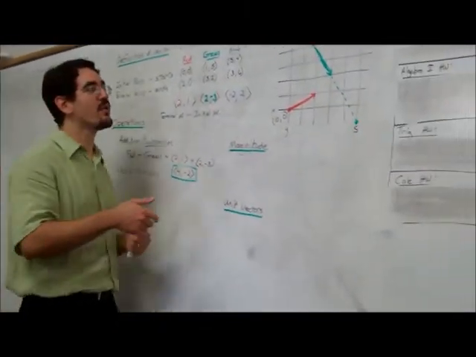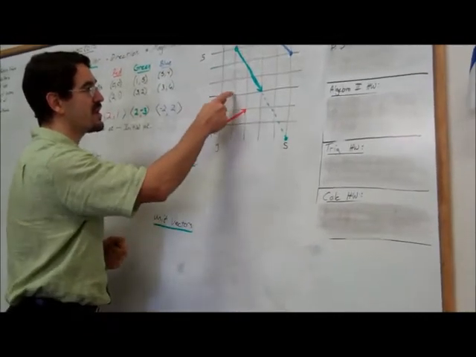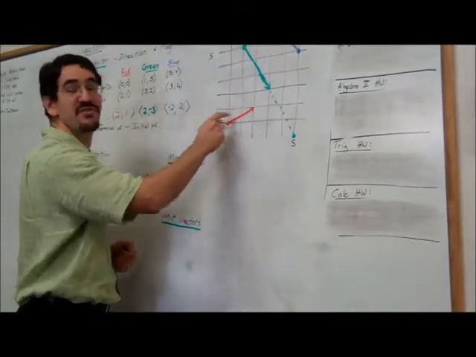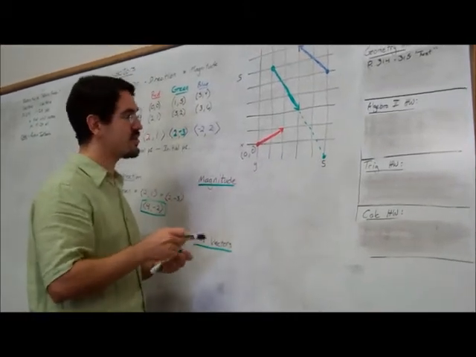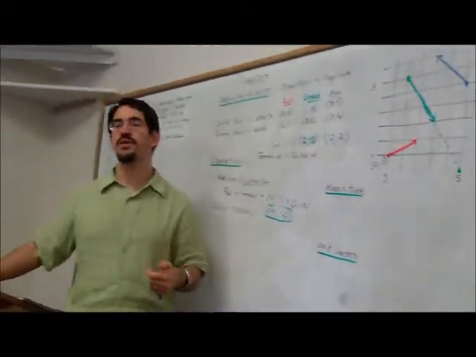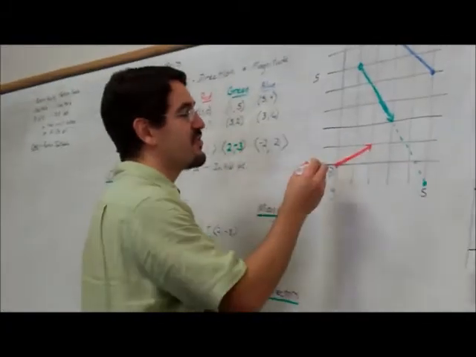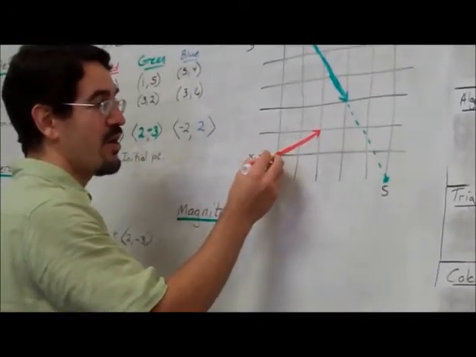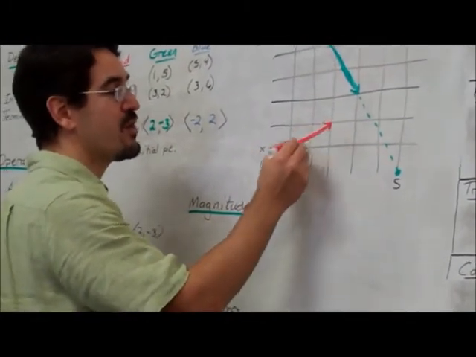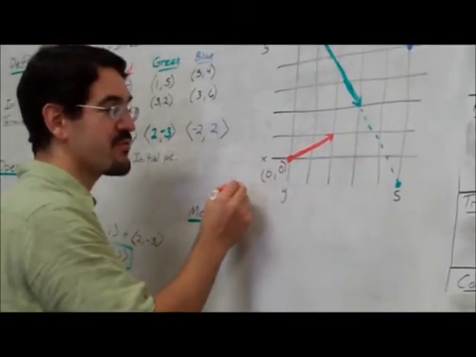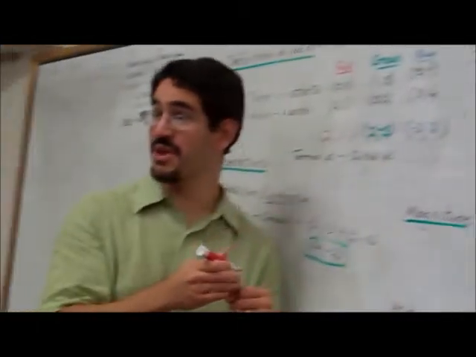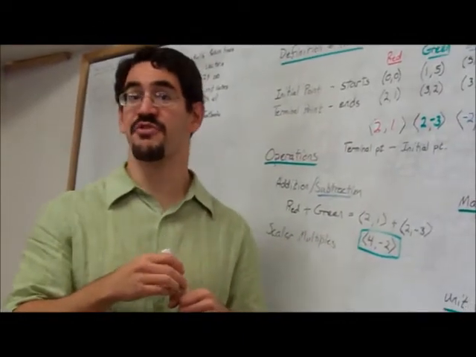Think about it. 1, 2 would go here to here. Is that opposite of this? That would be 0, 0. It's a reflection of it. 0, 0 takes me nowhere. The opposite of 2, 1 would be negative 2, negative 1. And it would take me this direction. Do you see what I mean? It takes me the exact opposite direction.